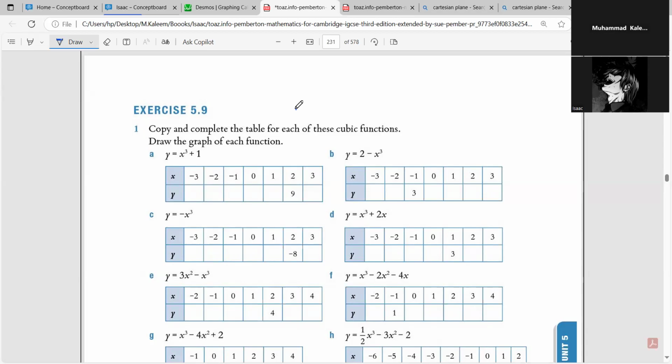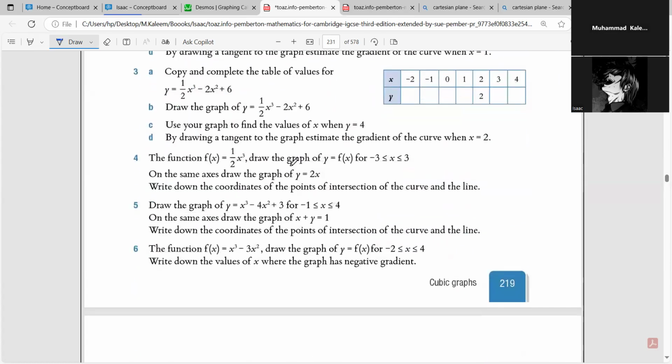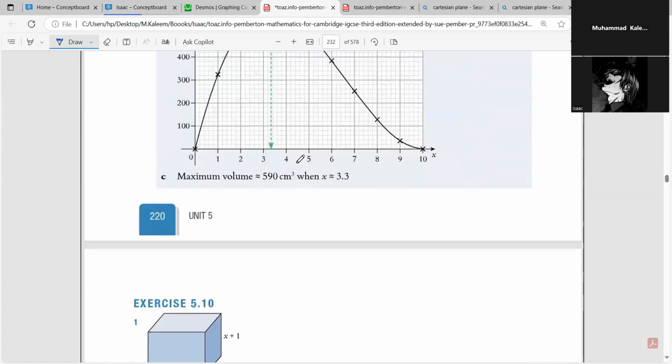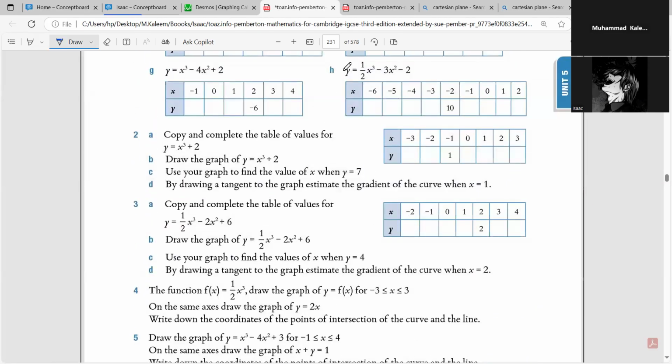It's a wide topic. We have a lot of information. We have many ways to sketch cubic graphs. I don't think you have to learn that much. It's very simple. Just use the table to sketch the graph. If you have any questions related to this or any confusion, you can ask without any hesitation.